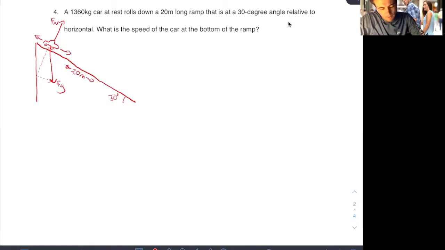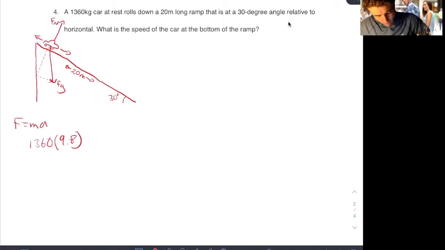So we can find the force of gravity. Like what is the force of gravity acting on this? Well, if you do F equals ma, we know that the car weighs 1,360 kilograms, and we know that the acceleration due to gravity is 9.8.